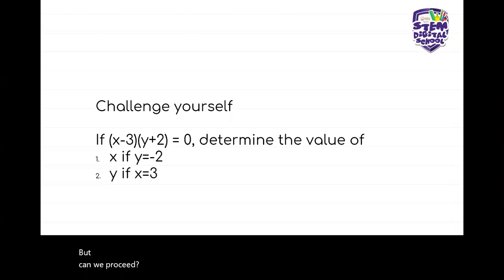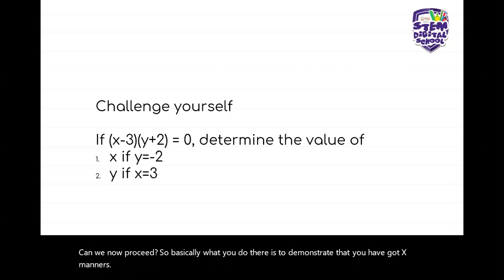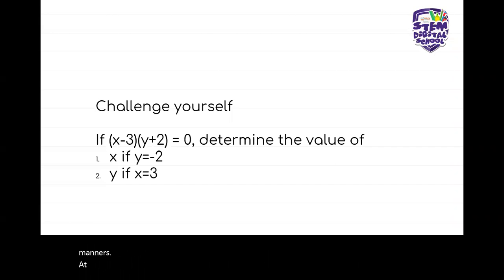Can we now proceed? So basically what you do there is to demonstrate that you have got x minus 3, and then you close your bracket there. And then of course, you also have y plus 2. So basically that is what you have. And then if y is equal to negative 2, you should be able to use that in the equation.